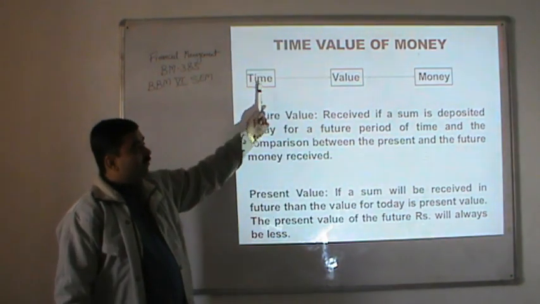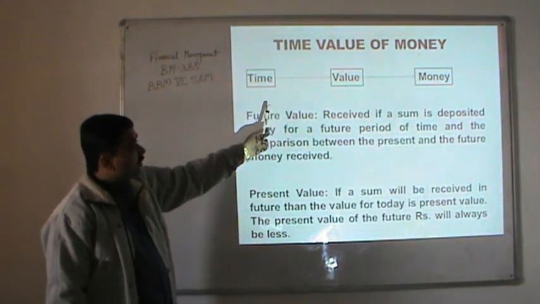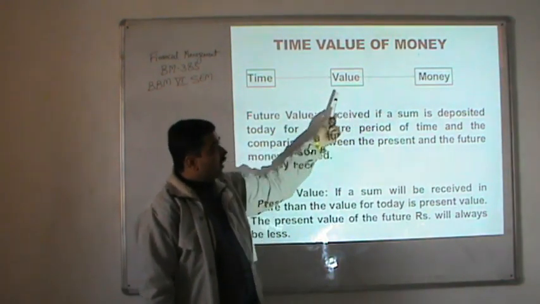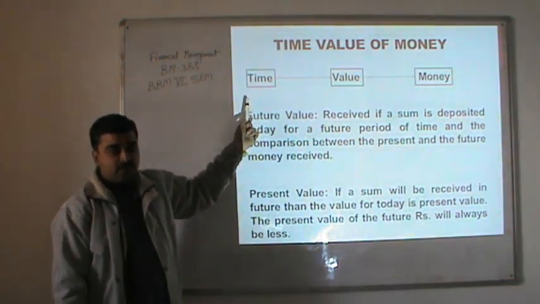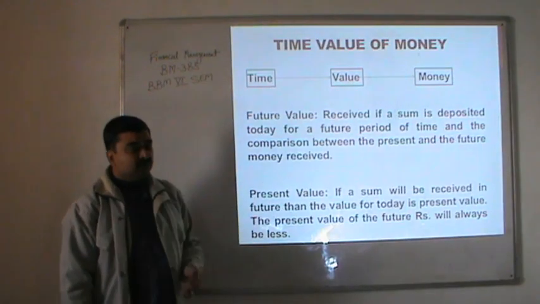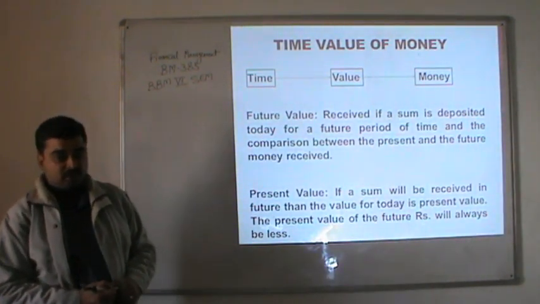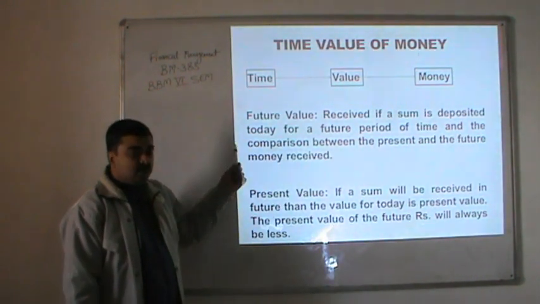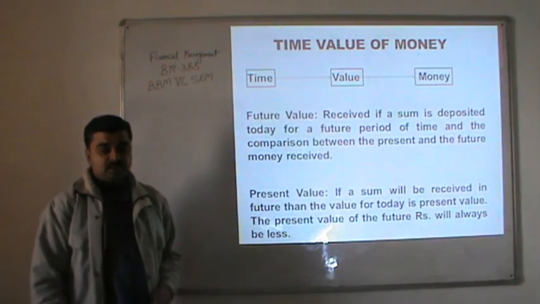Hence, the time value of money means the value of money after a period of time has passed, and that will be calculated in this part. So there are two values available to us in this concern.